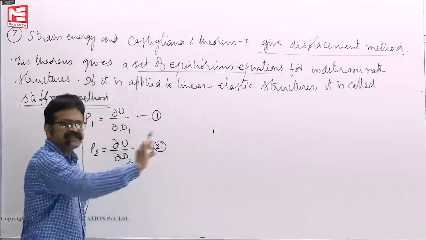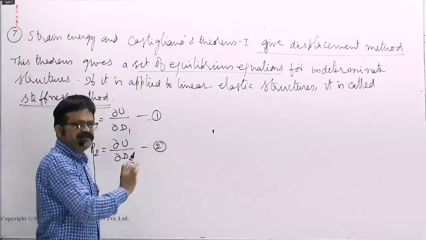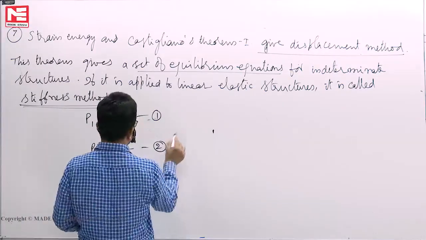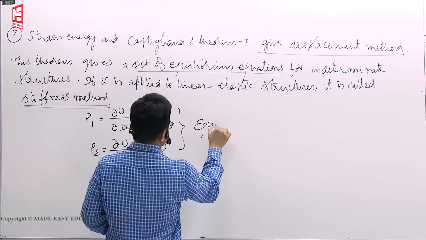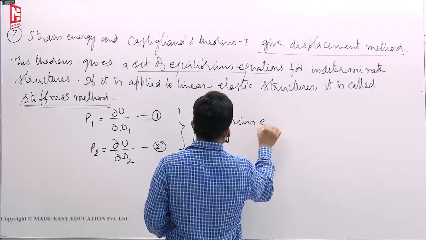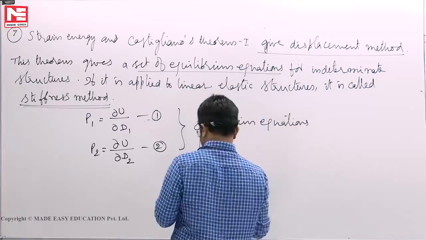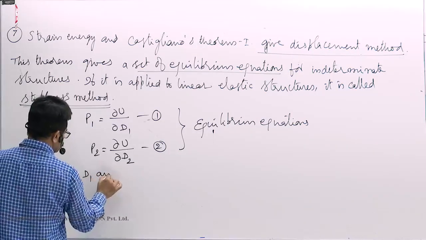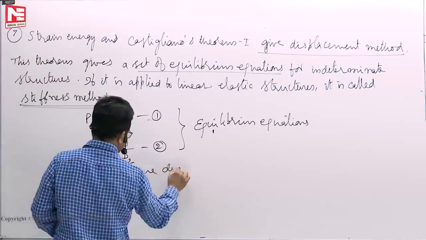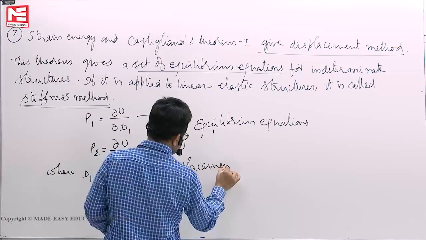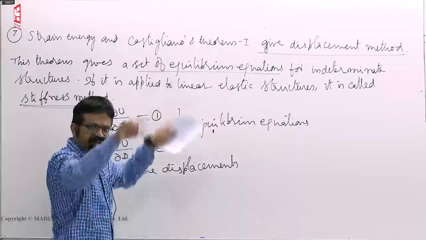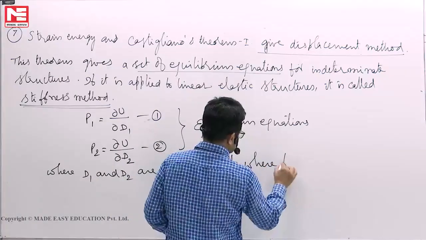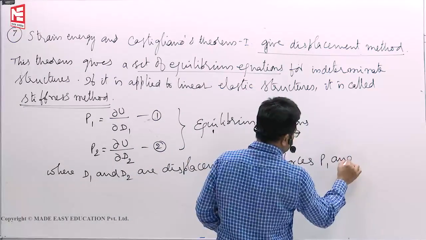If you differentiate it, you get a second equilibrium equation. Solve all such equilibrium equations, and you will get all the displacements. Okay. So these are equilibrium equations, where D1 and D2 are displacements. So in terms of displacements D1, D2, etc., you have to write the energy, then differentiate it, where forces P1 and P2 are acting.